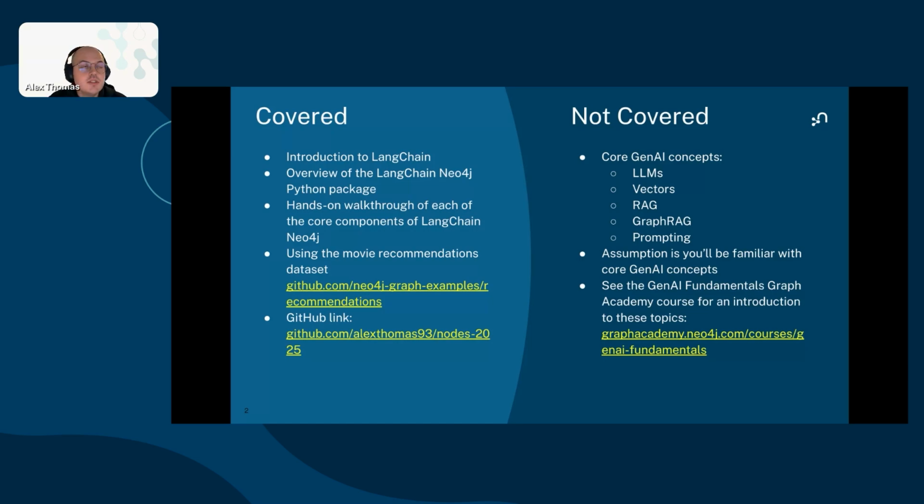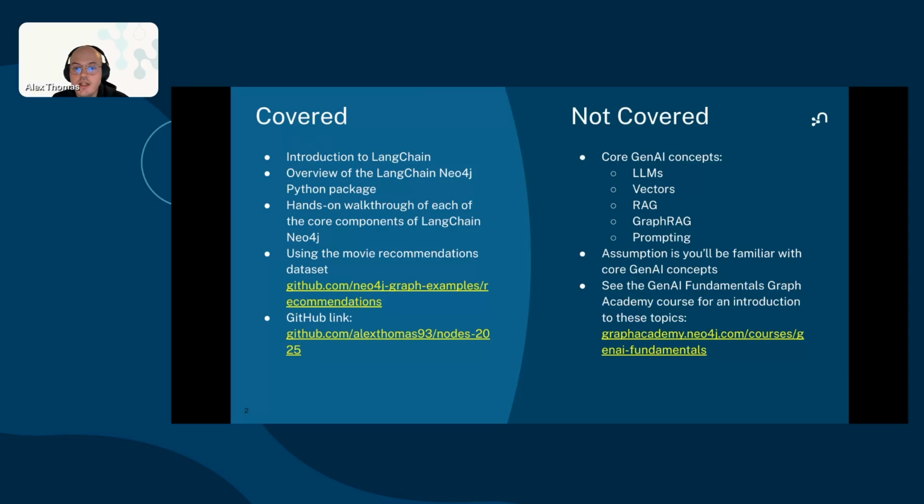For these demos, I'll be using the recommendations dataset, which is one of Neo4j's example datasets, and I'll be using this for all examples. This is a dataset containing information about movies, actors, directors, and reviews. You can download the dataset at GitHub.